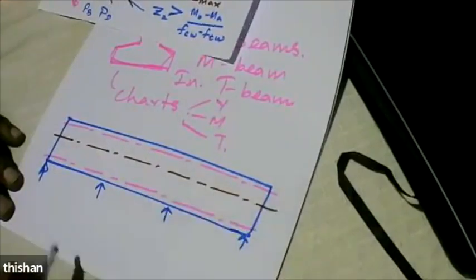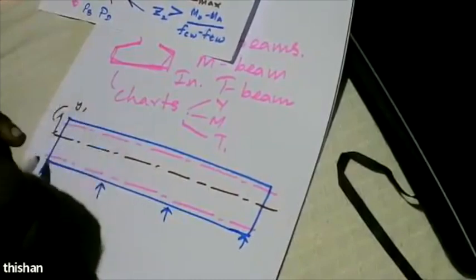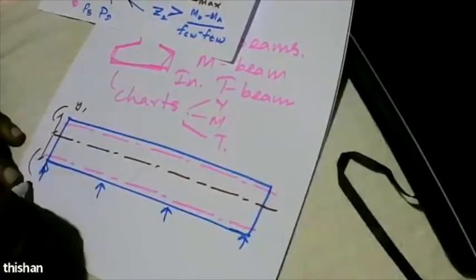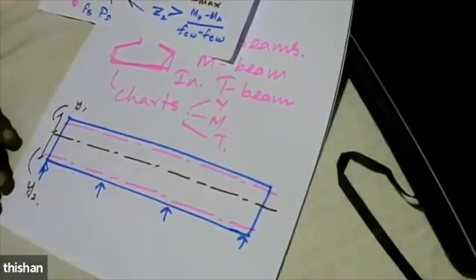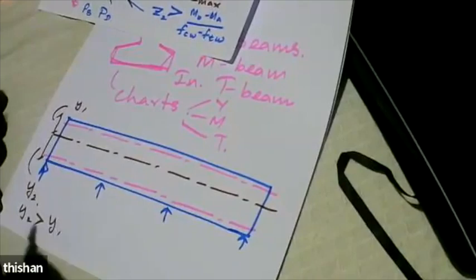Because the top flange is wider, this is Y1, this is Y2, and so Y2 will be greater than Y1 because the top flange is big.